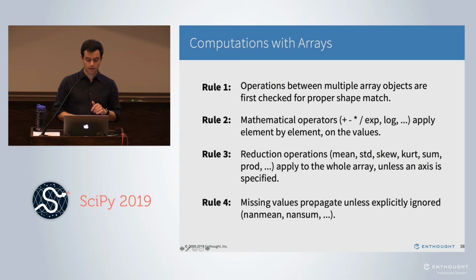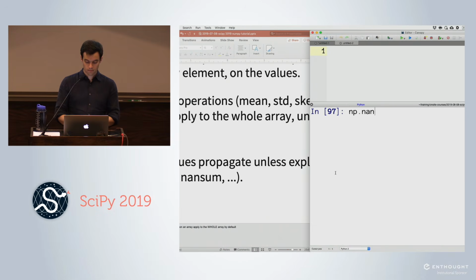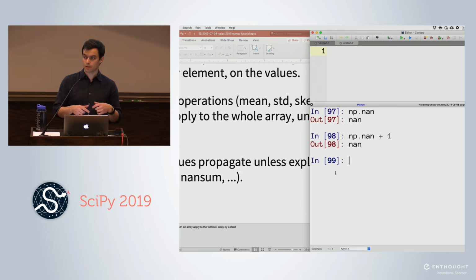And then finally, in NumPy, there is this concept of a missing value that's represented with something called a NaN, N-A-N. NaN is a special floating point number, and it has this particularity that if you add not a number, which is what NaN stands for, to another number, you get not a number.